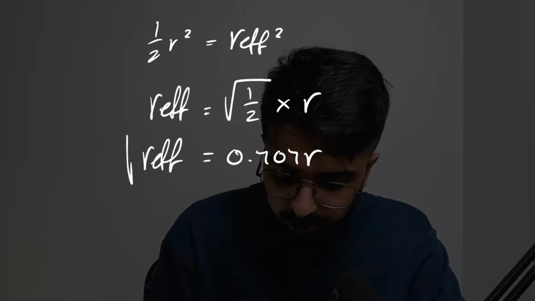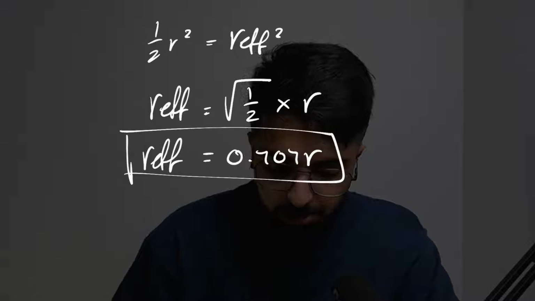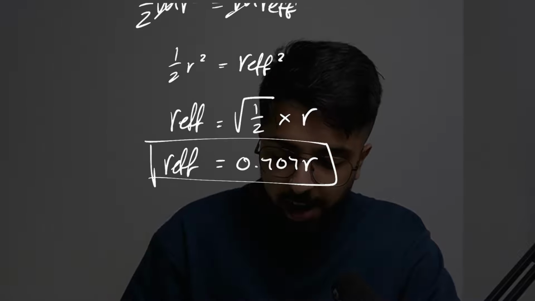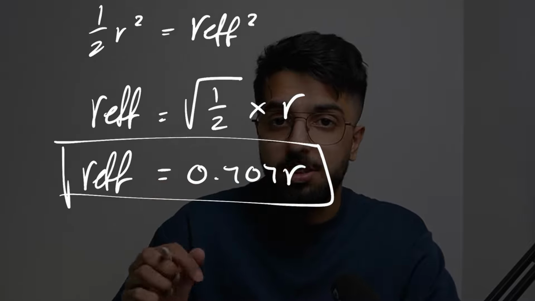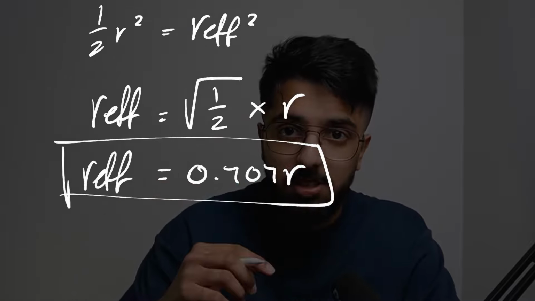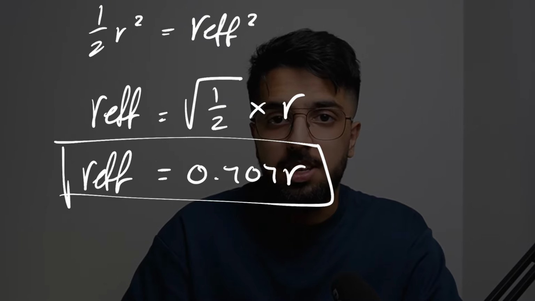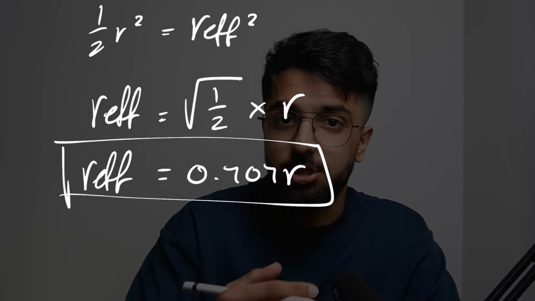So, the important thing to note is that the effective radius of our equivalent hollow cylinder is 0.707 that of the original radius. So our effective radius is a fraction of our original radius.